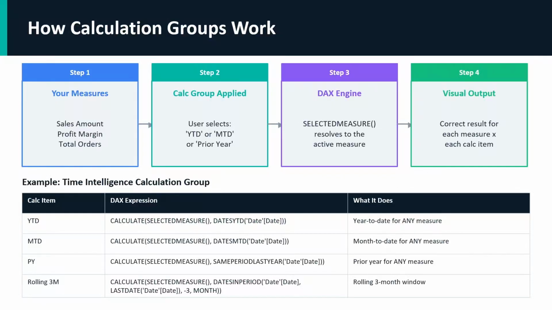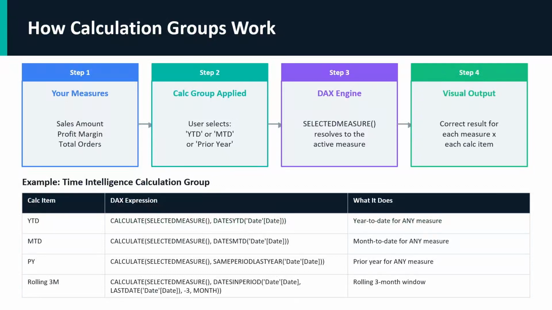Step number 1, you have your measures in the model already. The measure can be sales amount, profit margin, and total orders. That is step number one. The measures must be there first. Do you take that? You must have created the measures first.